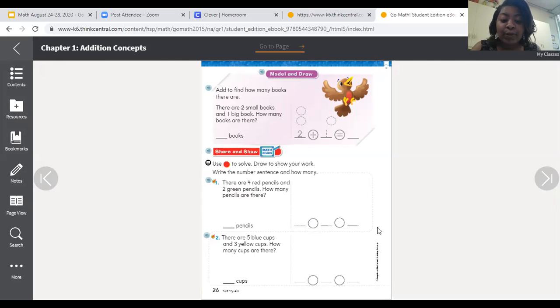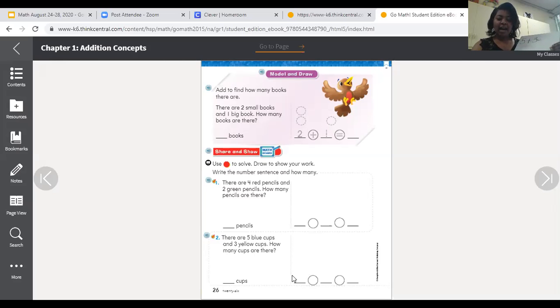There are 5 blue cups and 3 yellow cups. How many cups are there? All right, so we're trying to figure out the total number of cups. Let's look at the numbers and underline the numbers that we see. 5 blue cups and 3 yellow cups. I'm going to underline that. Okay, so I have 5. And means that we're going to add, so let's write a plus sign. 5 plus 3, very good, equals blank.